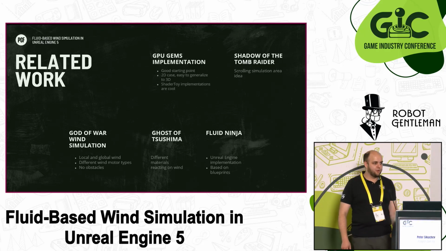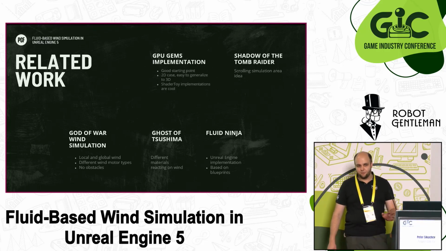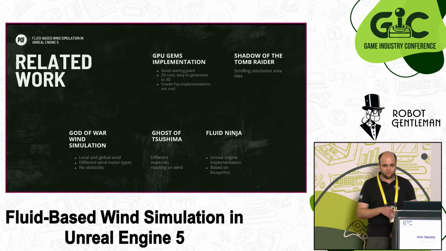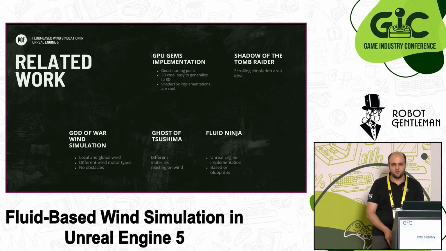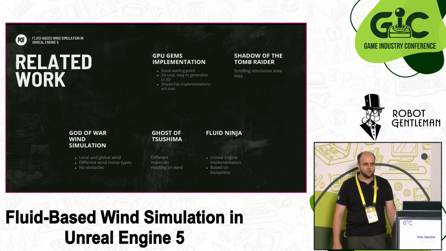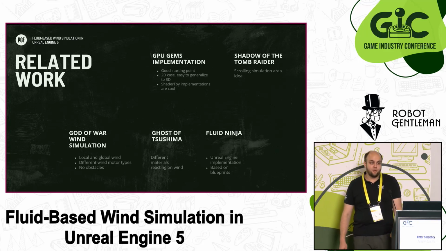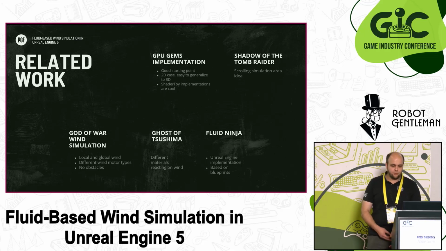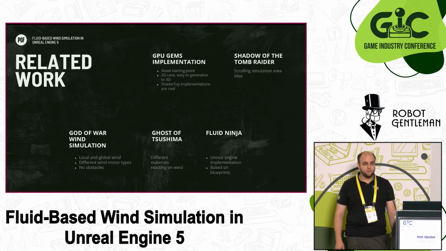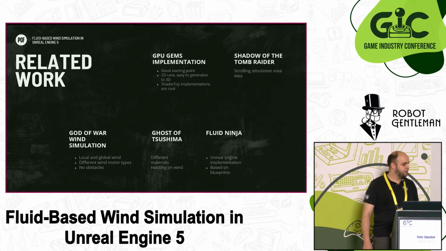Despite the code being a little bit antiquated and you might need to put in some effort to make it run, there are already multiple Shadertoy implementations. So it's a good starting point and you can get something running from there. Then there was a talk on the Shadow of the Tomb Raider fluid sim, where a 2D fluid sim was used to do oil on water.